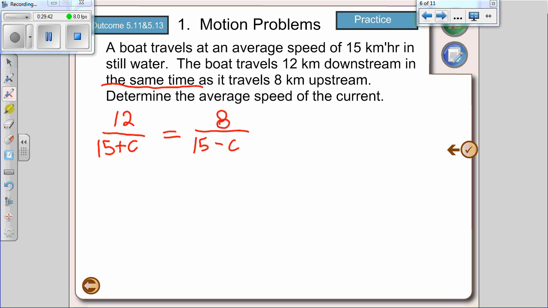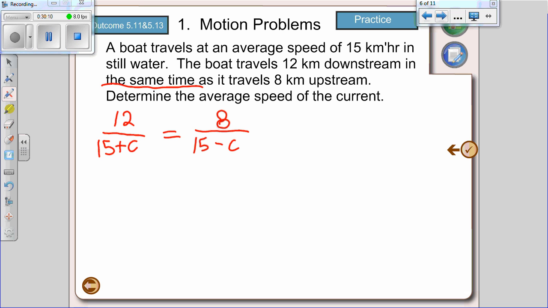So the current was slowing me down. Go ahead, Elsa. We have a question about how I said that, because that's a tricky one. You said the minus C is going against the current? Going against the current.